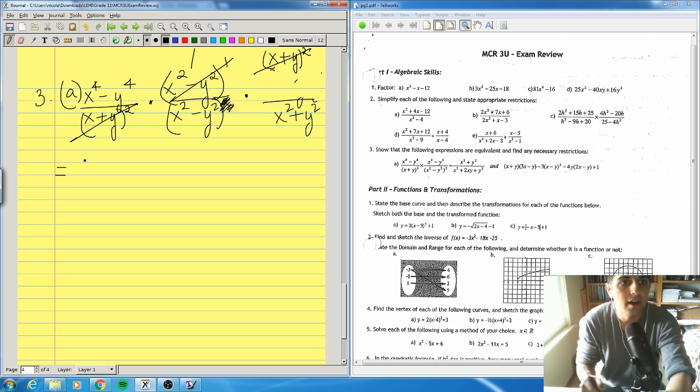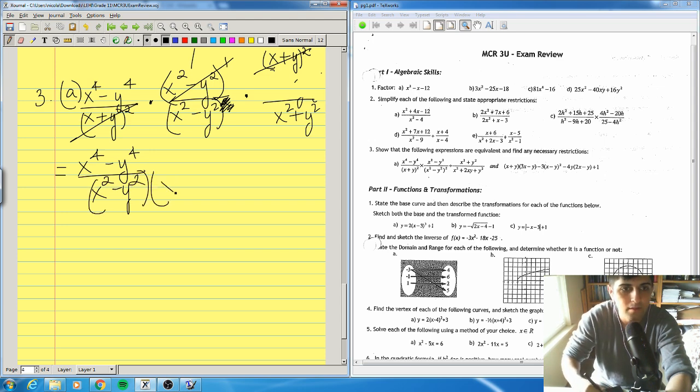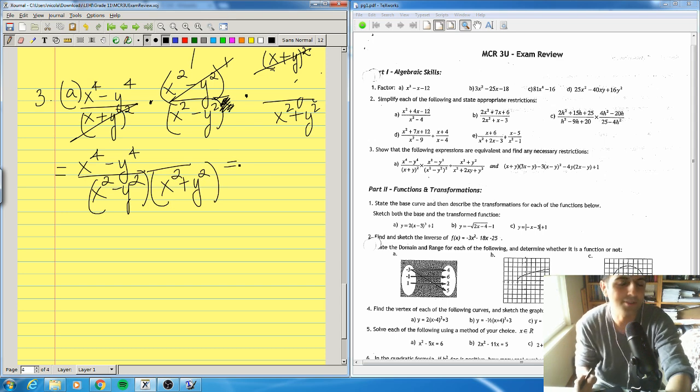And then I end up getting x to the 4 minus y to the 4, okay, over x squared minus y squared, all right, times x squared plus y squared.